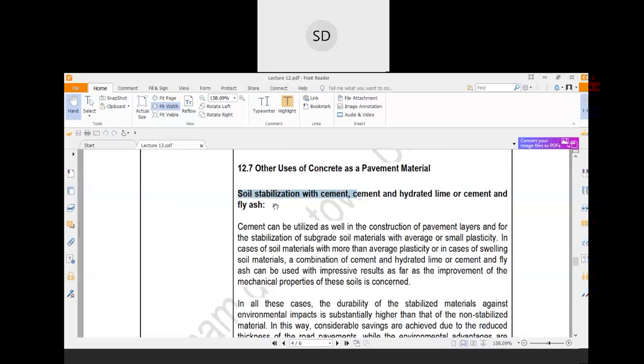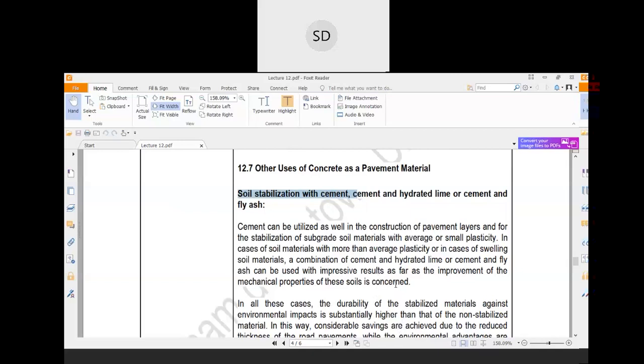In such cases, you can use cement or hydrated lime. Hydrated lime is Ca(OH)2, calcium hydroxide, or cement or fly ash can be used. In some cases, cement slurry can be used.